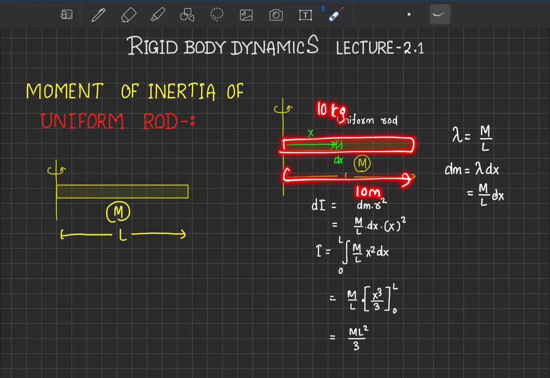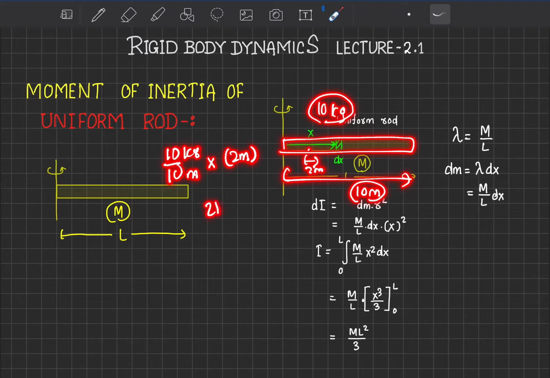So technically for 10 meter you have 10 kg. So for 2 meters you will say this is 2 kg, right? How do you know? You will divide 10 kg by 10 meter, so mass per length into length of the required portion. The required portion is 2 meter, so this gives us 2 kg, right?